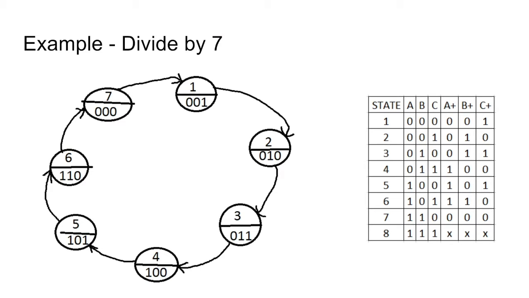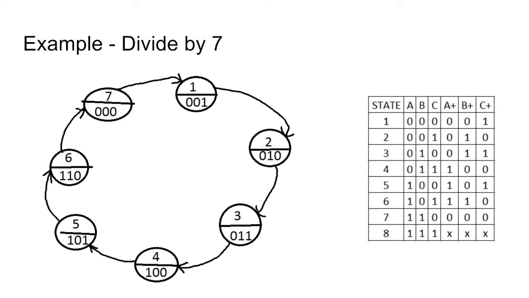It has 8 possible states, and it only needs 7 states. State 1 output is 001, state 2 output is 010, and so on for all the states. On the last state, which is state 7, however, the output is 000 for the mod 7 counter.